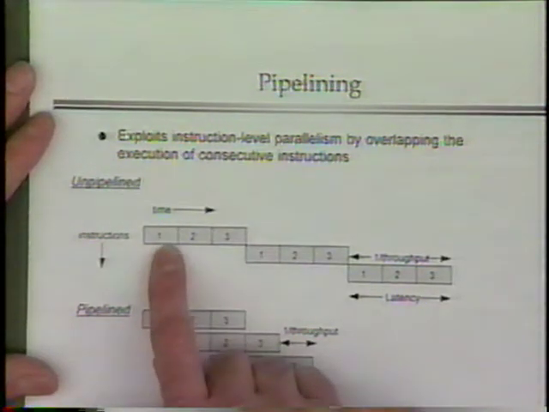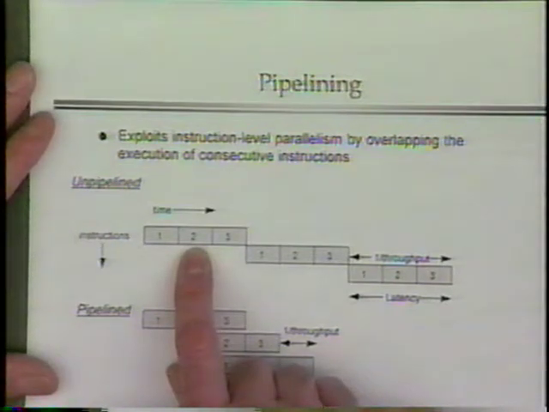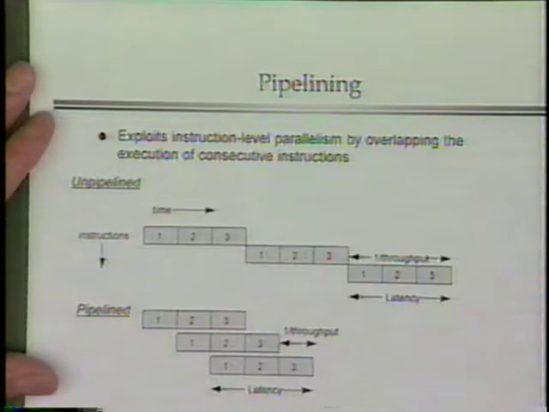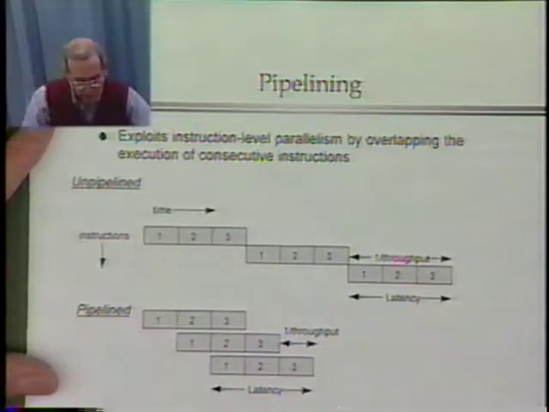One step might be fetching the instruction out of the instruction memory. Another step might be fetching the registers out of register memory. Another step might be doing the ALU operation. Another step might be writing registers back to the register file.